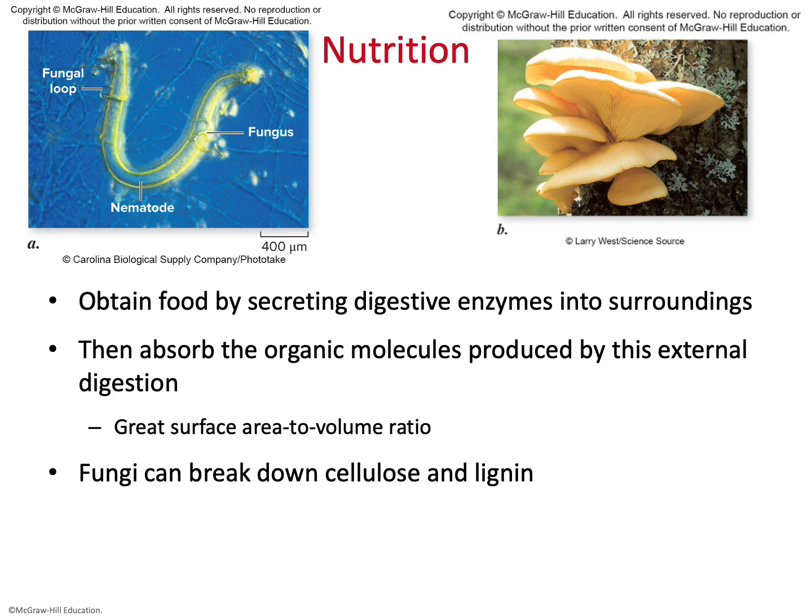In this picture you can see a fungus growing on the bark of a tree and another fungus that wraps around the body of a nematode and obtains nutrition from it. These fungi immobilize the nematode and use it as a source of nitrogen, which is pretty interesting.